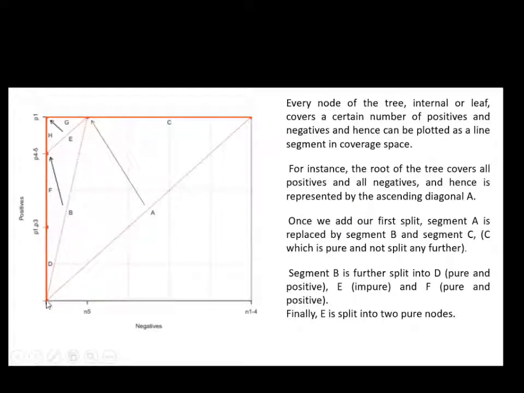A cuts; A is just true or false. So we have divided all negatives and positives: negatives are on one side and positives are on the other side. And our ROC or AUC, area under curve, is this.